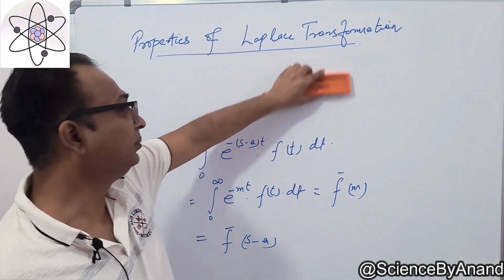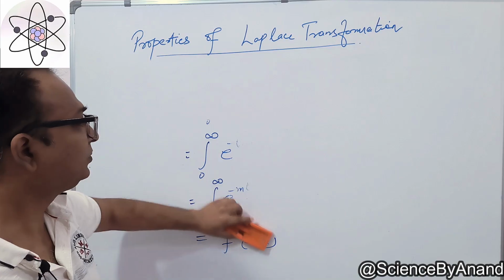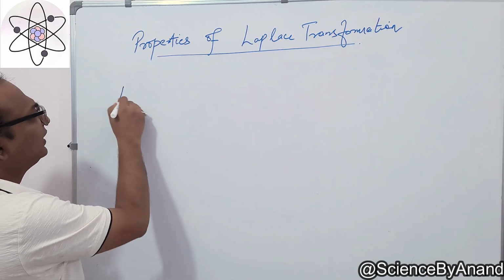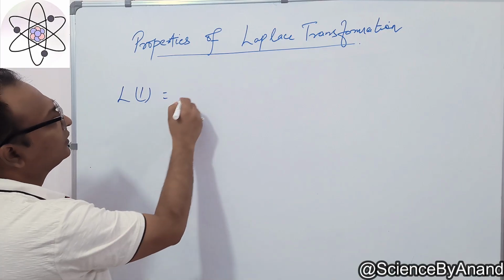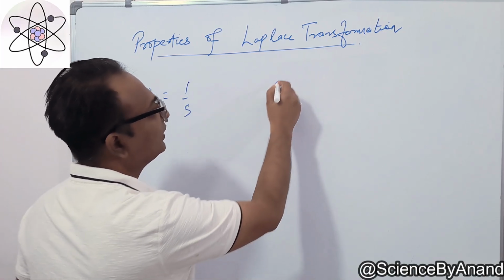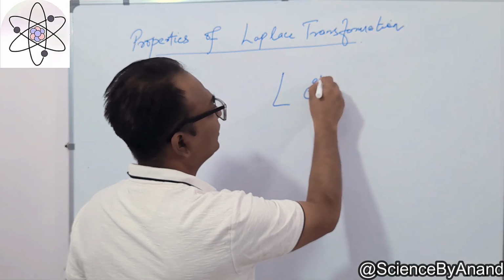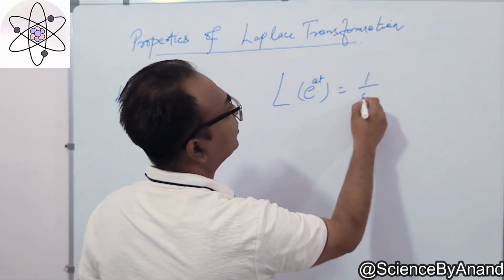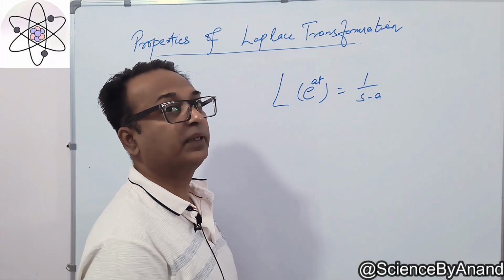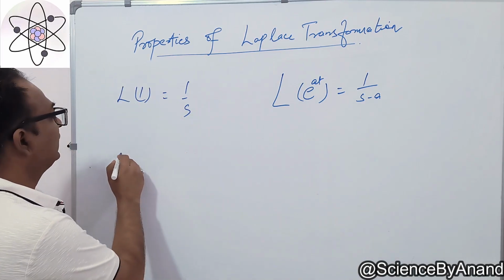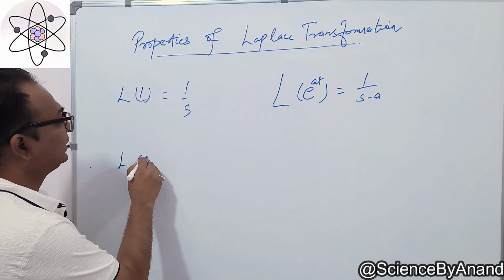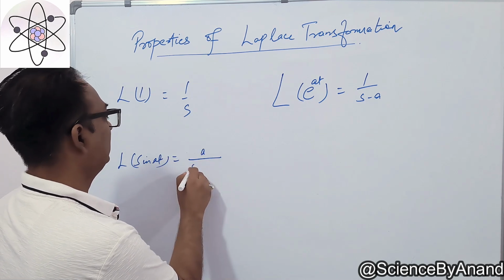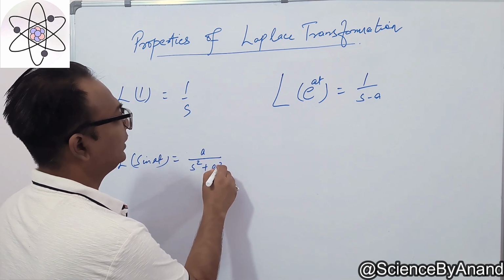Let's see what it means. Just now we saw the Laplace transform of 1 is 1 by s. So what is the Laplace transform of e^(at)? That is e^(at) into 1. This will be 1 by s minus a by the first shifting property. Similarly, the Laplace transform of sin at, we had just seen, was a by s squared plus a squared.